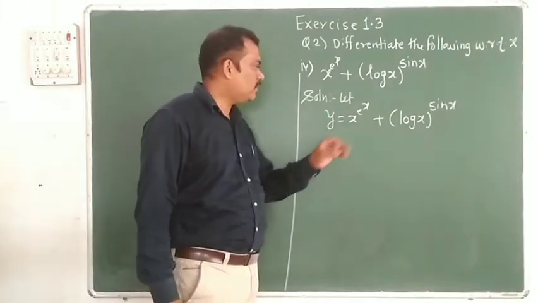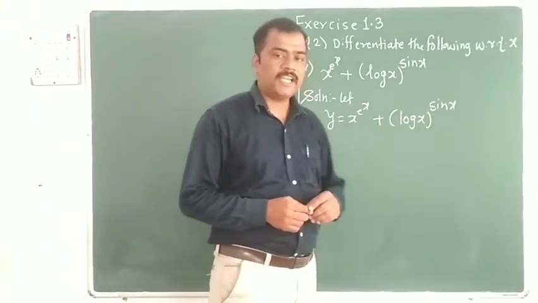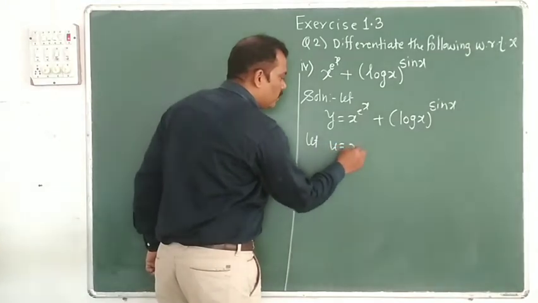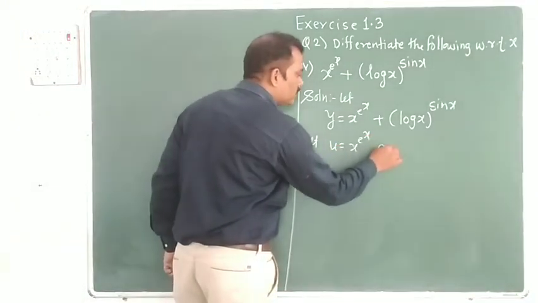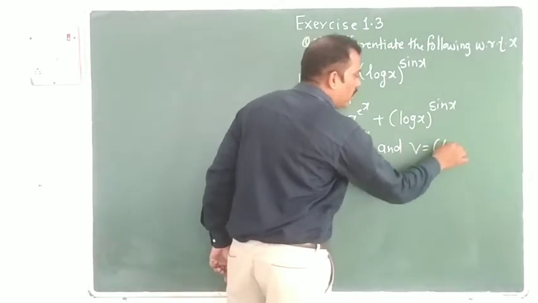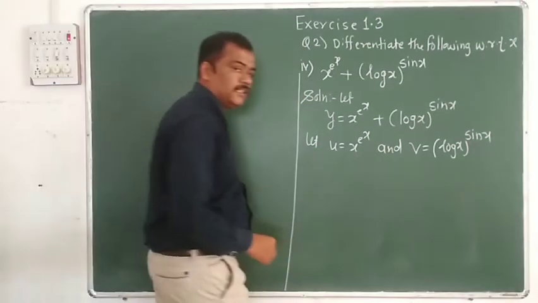Let y is equal to x raised to e raised to x plus log x raised to sin x. Let u is equal to x raised to e raised to x and v is equal to log x raised to sin x.